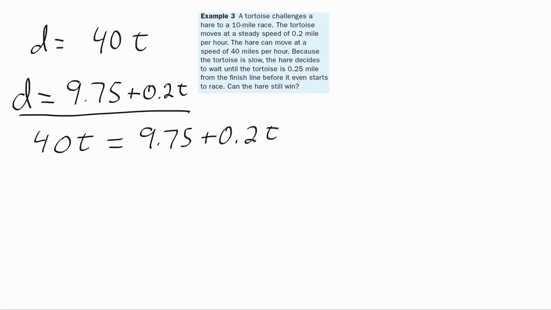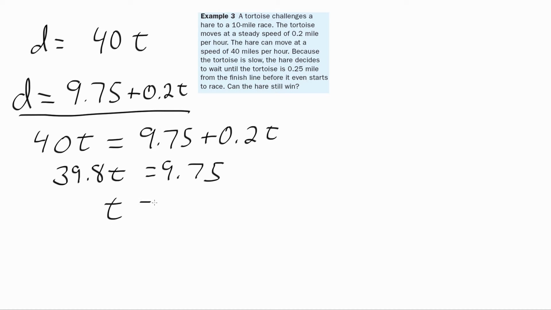I'm going to subtract 0.2t from both sides of the equation, and 0.2 from 40 would give me 39.8t equals 9.75.